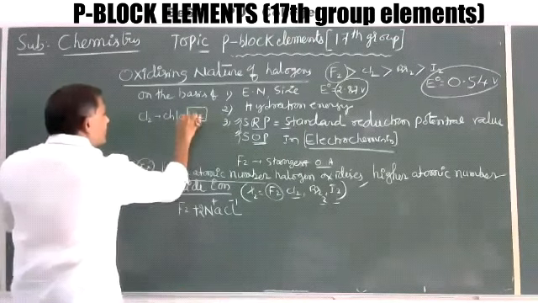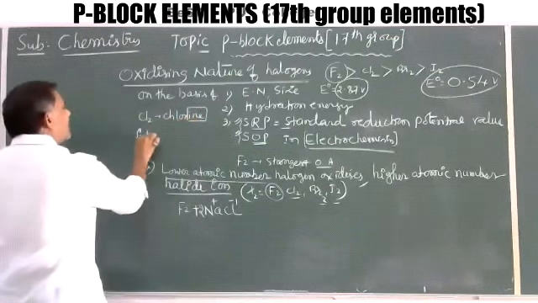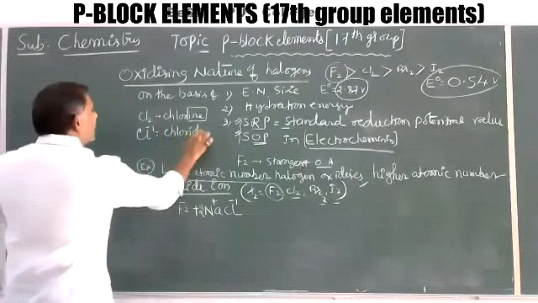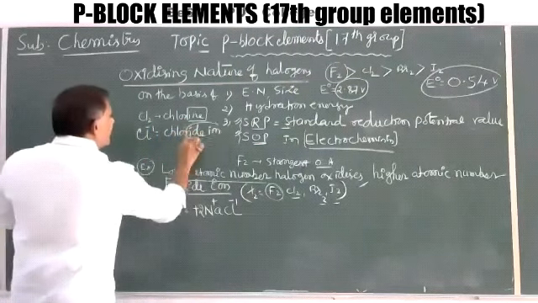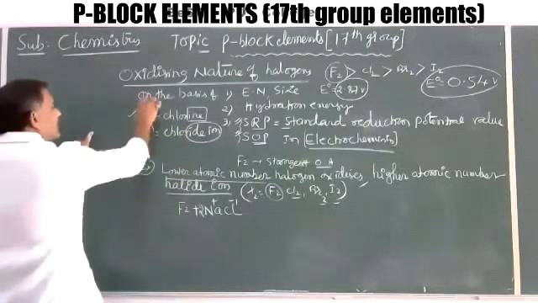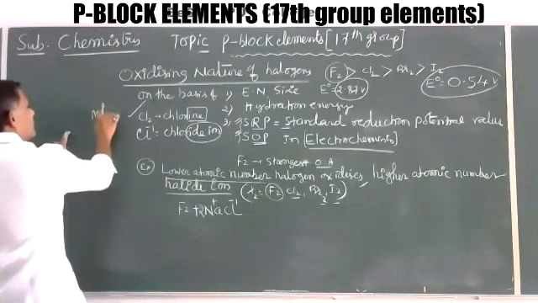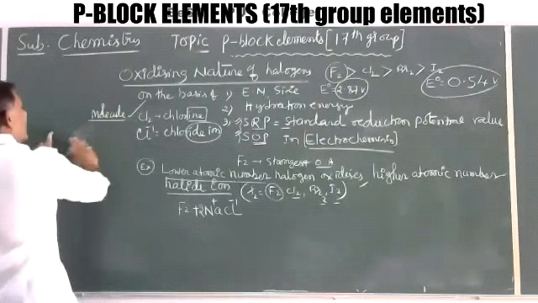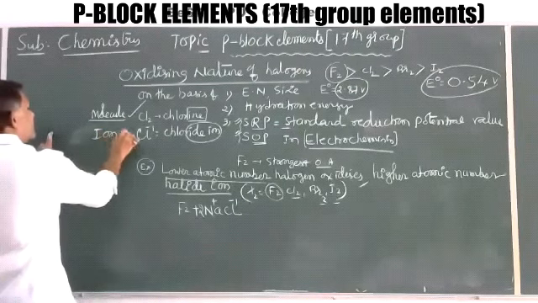Here Cl minus is chloride ion. Chloride and chlorine: the 'rine' ending is a molecular state, it is a molecule, chlorine molecule. Chloride is an ion, ionic state.